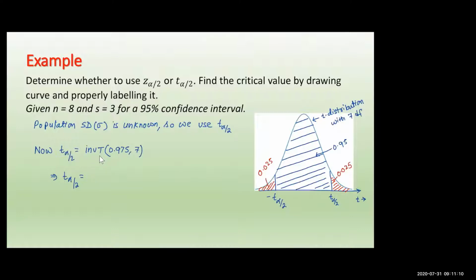Put in the information for the area and degrees of freedom, paste it to the main screen, and then write down the result. So the result must be 2.3646. That is the critical value T alpha over 2 for the situation given here.